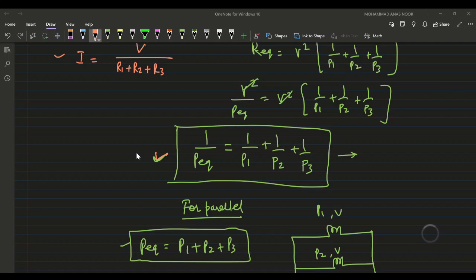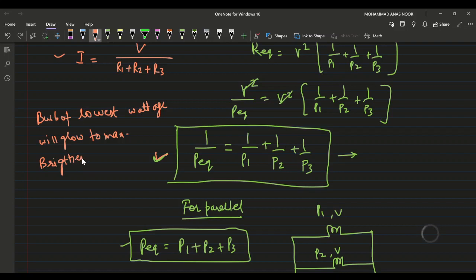So in a series combination, the bulb of lowest wattage will glow with maximum brightness.